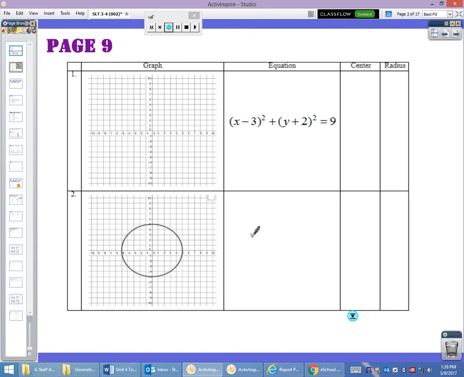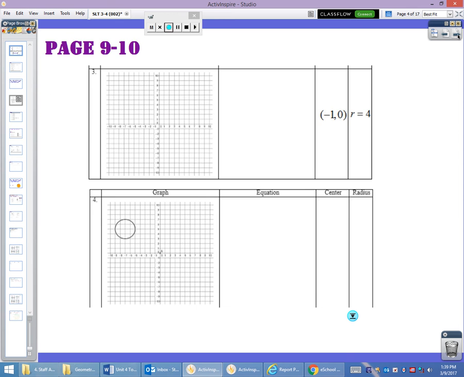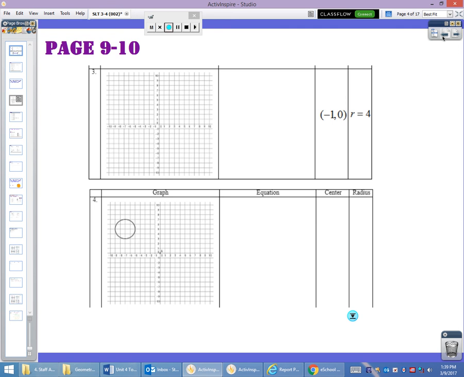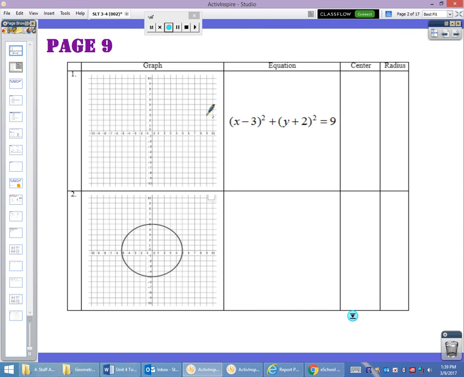All right. So if you turn to page 9 in your packet, we didn't really number the packet, so you want to look for this page. Right here, in a second, I'm going to have you pause it, but let me read the directions first. You're going to go through page 9, 1, 2, 3, 4, 5, and 6. So there's 6 problems between pages 9 and 10, number 1 looking just like this.